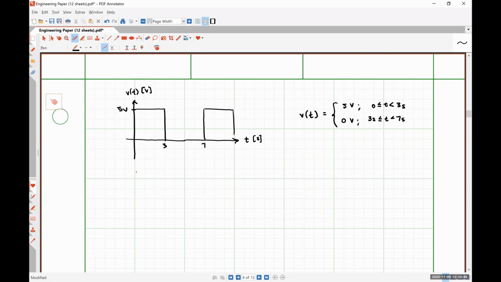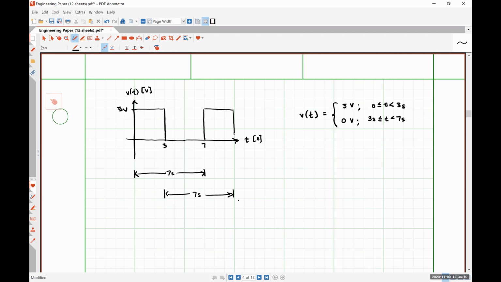We could say that if we look at the leading edge of our rectangular pulse and measure to the next leading edge, this is exactly 7 seconds. If we look at the trailing edge to the next trailing edge, that is also representative of the period, and that is 7 seconds.